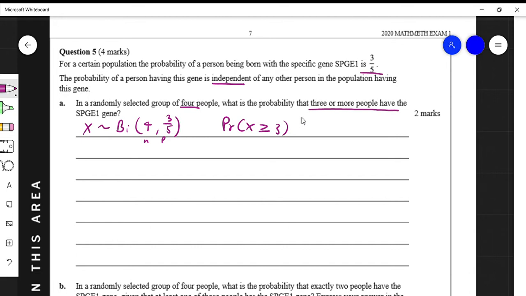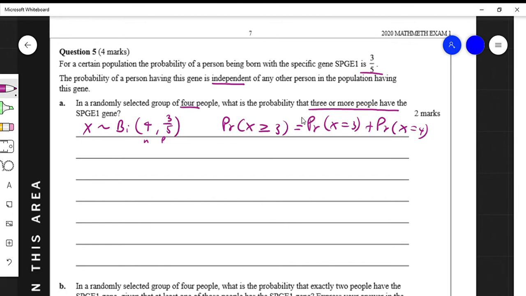So out of our 4 people, we have to split this into 2 probabilities. So this is the probability that x equals 3 plus the probability that x equals 4, because we've got 2 cases here where we want the probability that 3 people have the gene, or the probability that 4 people have the gene, both of those. So now we have to work out each of these separately and then add them together.